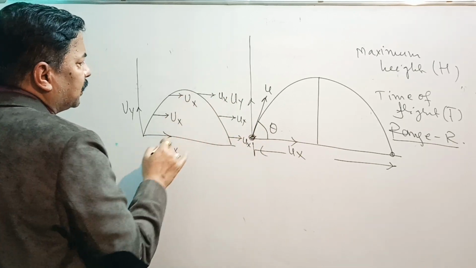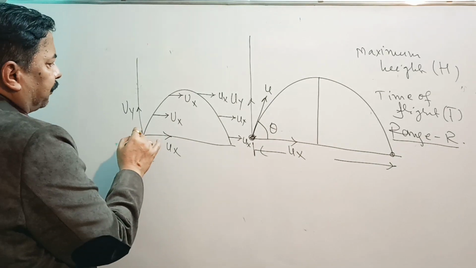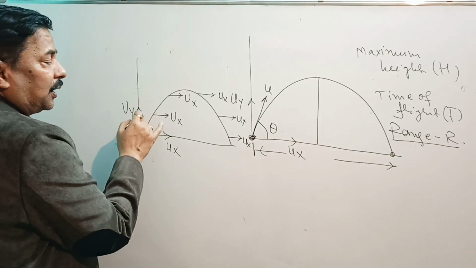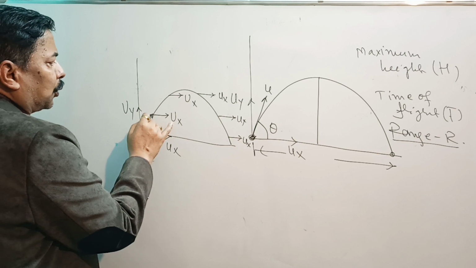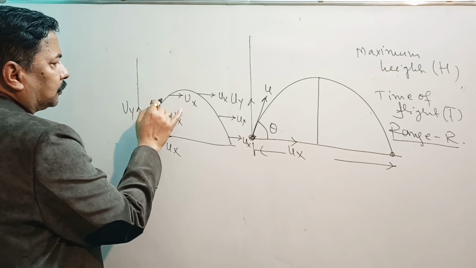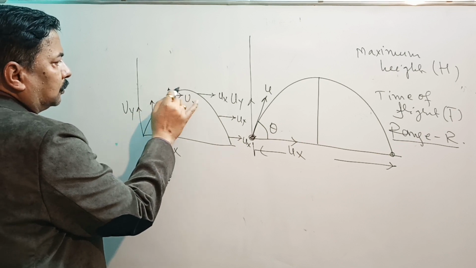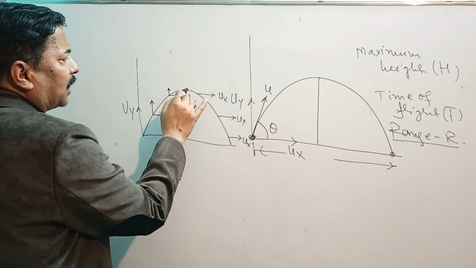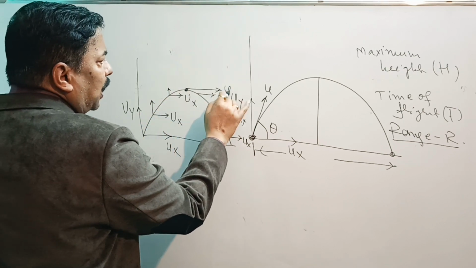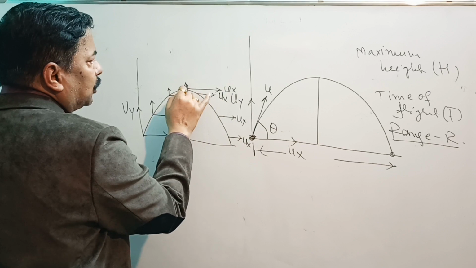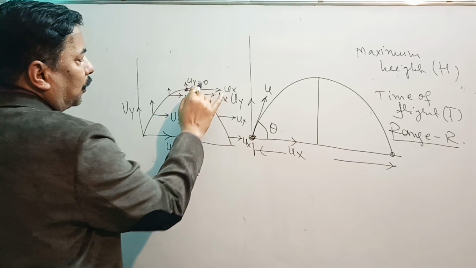Everywhere ux is constant. But you see, this vertical velocity uy goes on decreasing, and at maximum height ux remains the same, but this uy becomes 0.